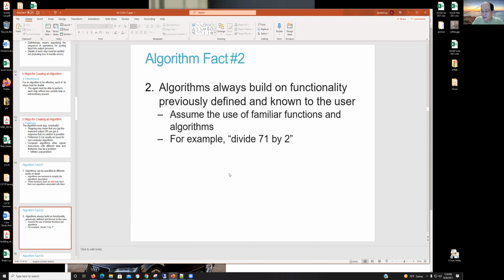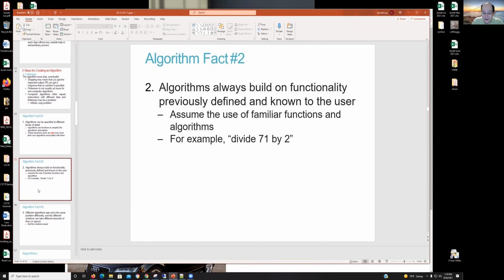There's a certain point where, if you're not able to do that, you have to go all the way to the lowest level and you probably kill yourself, right? It's just too much. So there are certain things that are just a given, like how to add 1+1, and you're not going to have to specify that for the algorithm, okay?